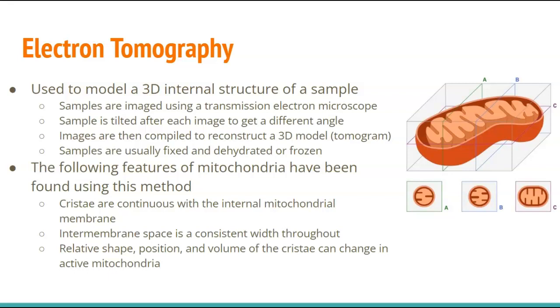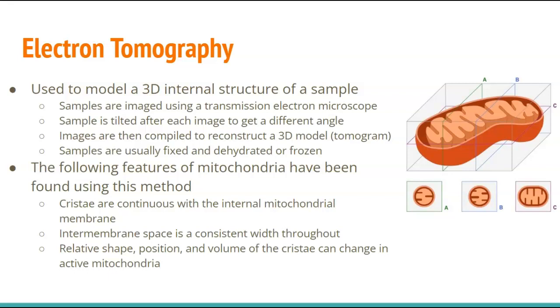It's tilted to get a different angle after every single image, and then compiled to reconstruct a 3D model, which is the tomogram. And the samples that you're using are usually fixed, dehydrated, or frozen.